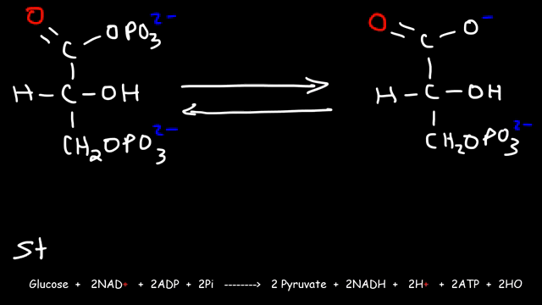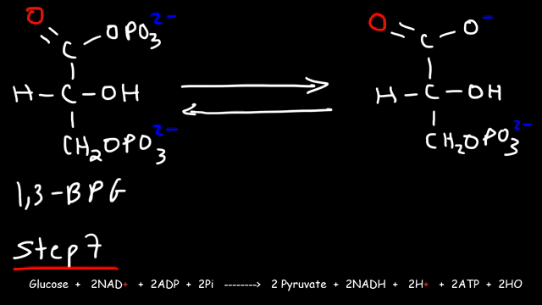Now let's move on to step 7 of glycolysis. Let's begin by figuring out what the name of the product is. For the reactant, we know that it's 1,3-bisphosphoglycerate. Based on that, can you predict what the name of the product will be? Notice what's different. We lost a phosphate group.